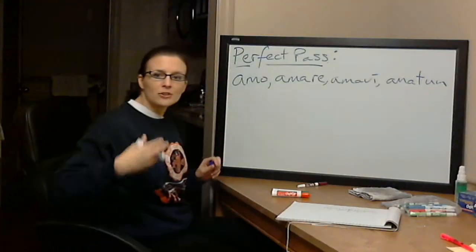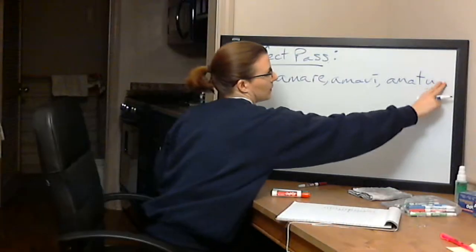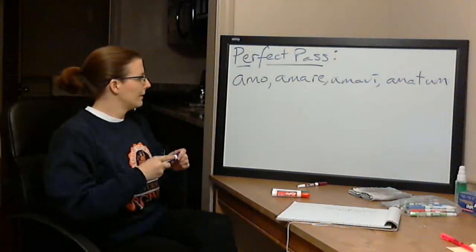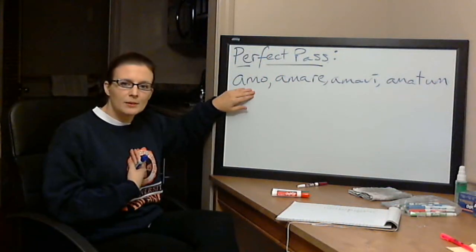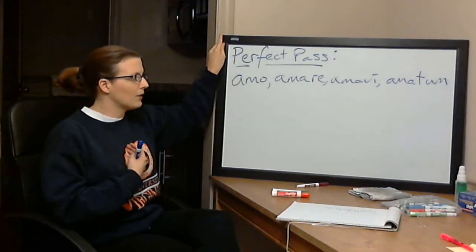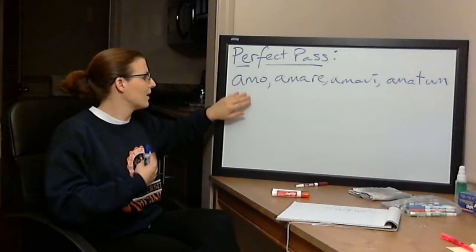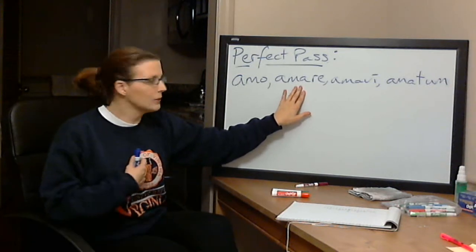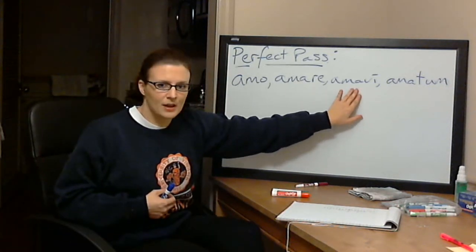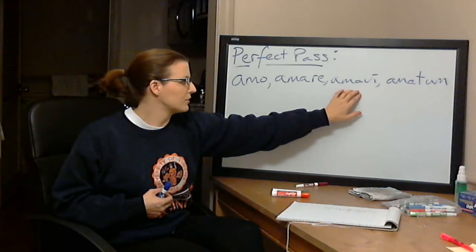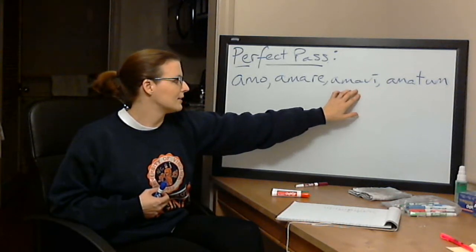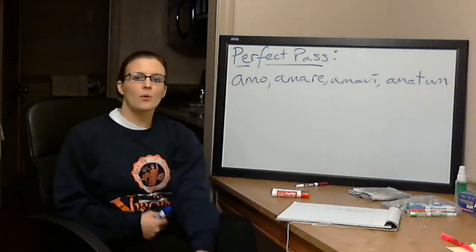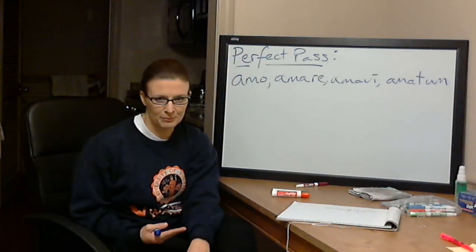Or maybe you learned amatus. We always used our first person singular, present active indicative to start us off, because Romans are narcissistic just like we are. I love. Then we've seen our present active infinitive, to love. We've seen our perfect stem here with our first person singular, perfect active indicative, to have loved, or I have loved there. And that last principal part, of course, is our perfect passive participle.